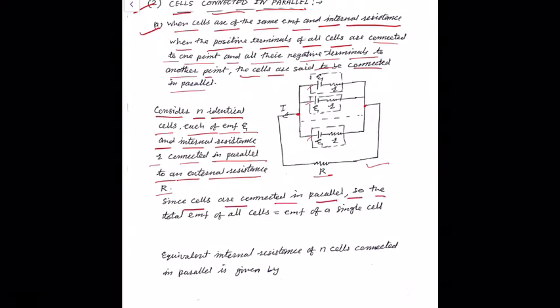Since cells are connected in parallel, the total EMF of all the cells is equal to the EMF of a single cell.